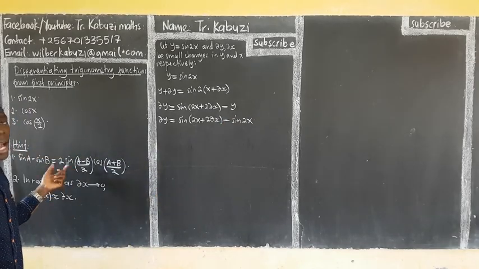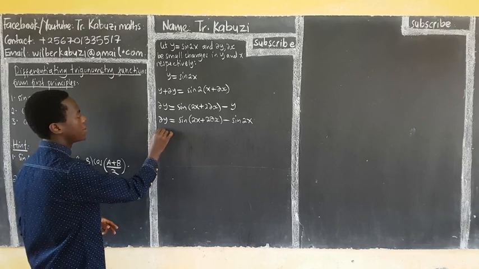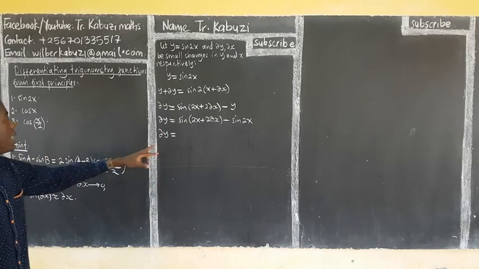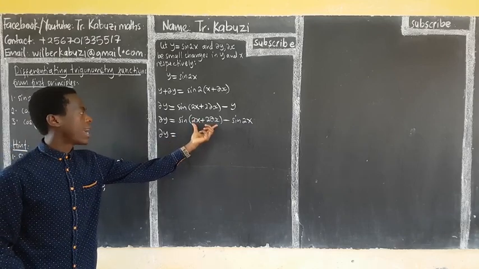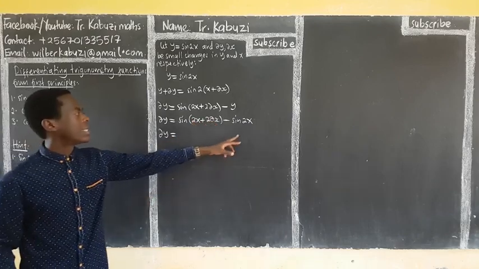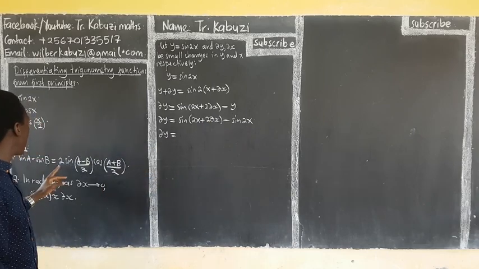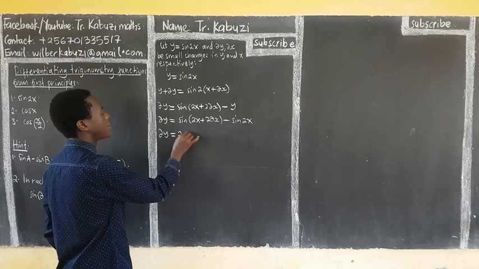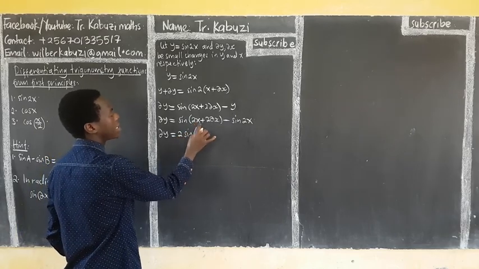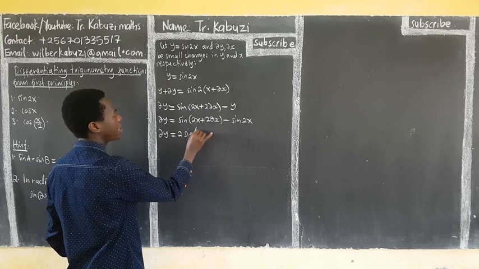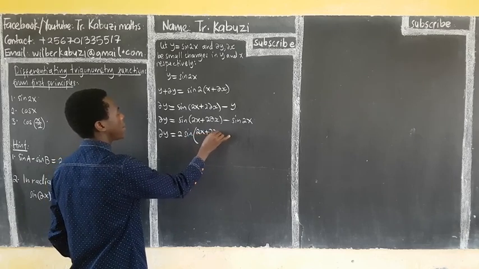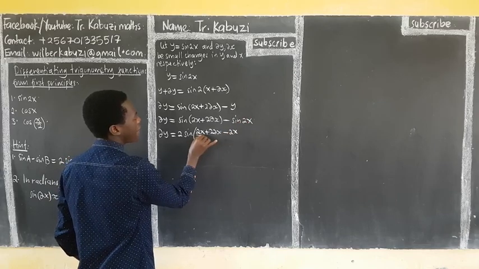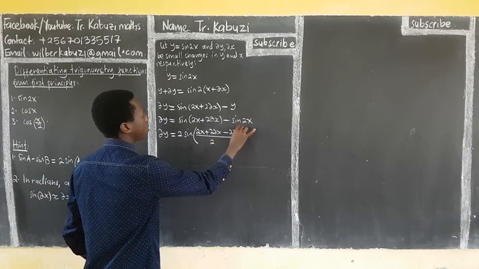Now we have sine, and we are subtracting sine, so we use this idea of the factor formula. Our A is all of this angle, and our B is 2x. So we get 2 sine, and we subtract the two angles: this whole angle minus this angle, then divide by 2.